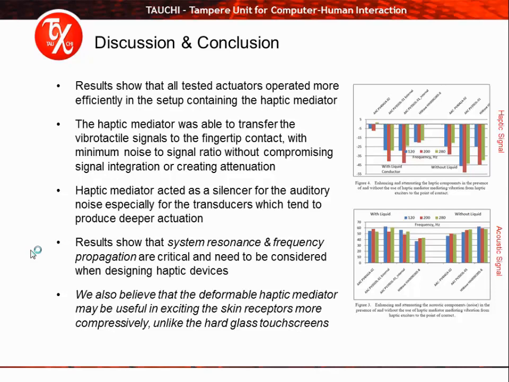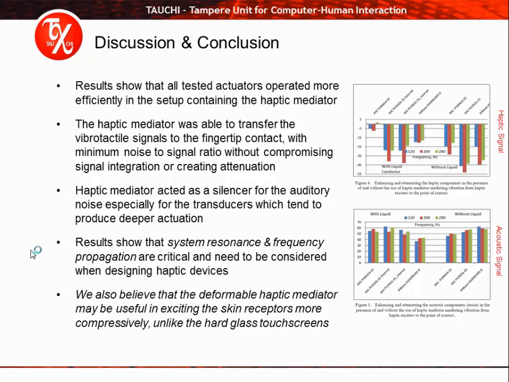The haptic mediator was also able to transfer vibrotactile signals to the fingertip contact from the actuator with minimum noise to signal ratio without compromising signal integrity or creating attenuation of any kind. The haptic mediator acted as a silencer as well for the auditory noise so that it was more effective.